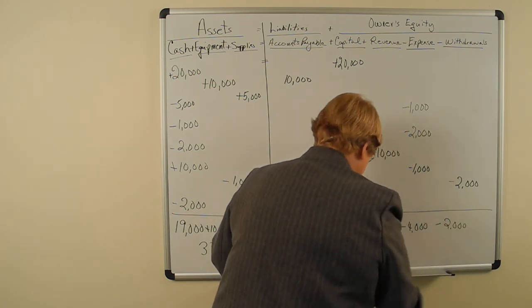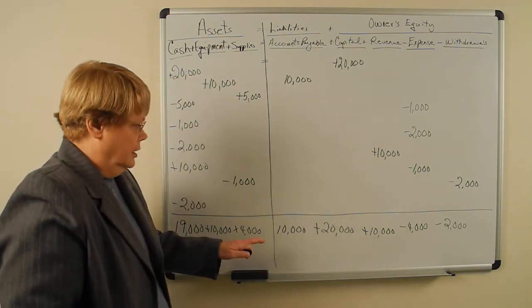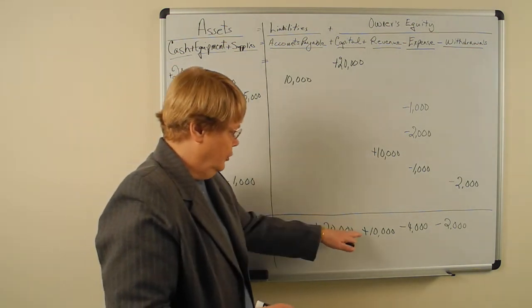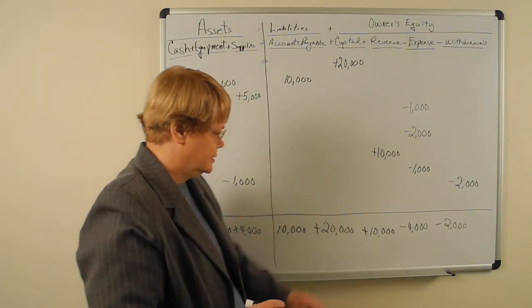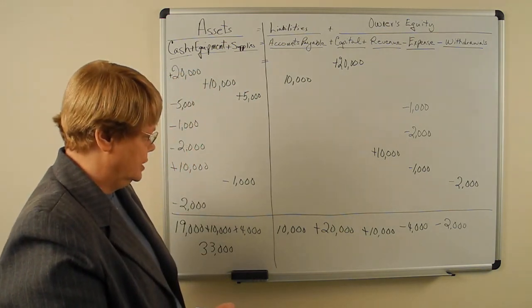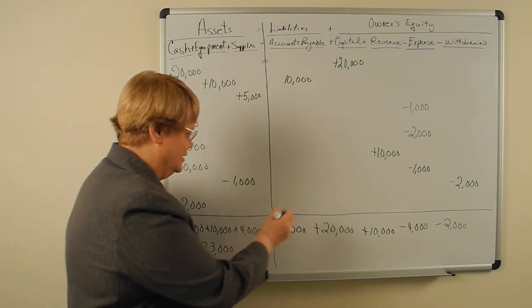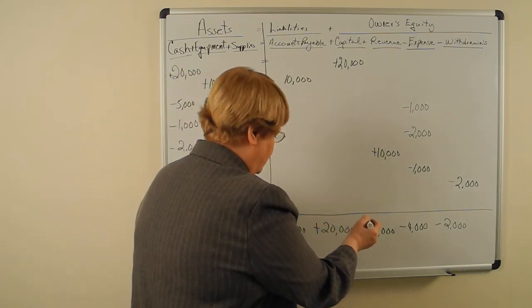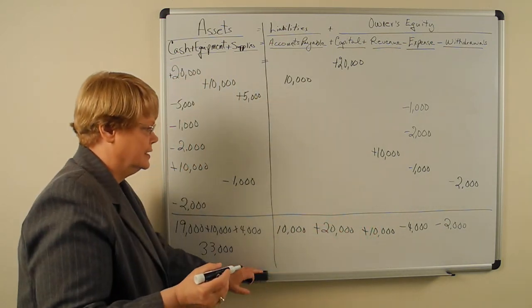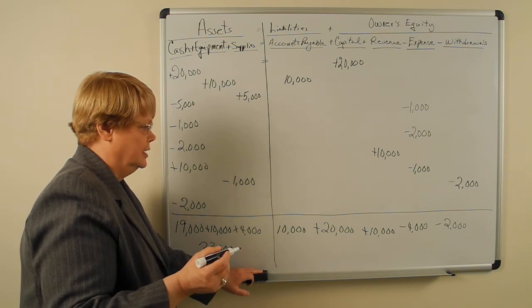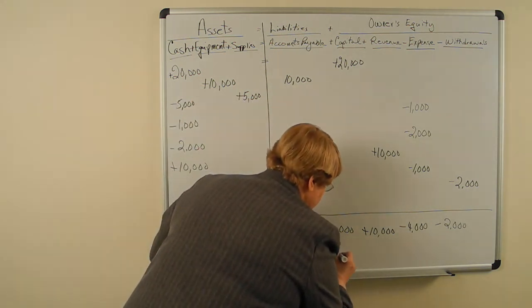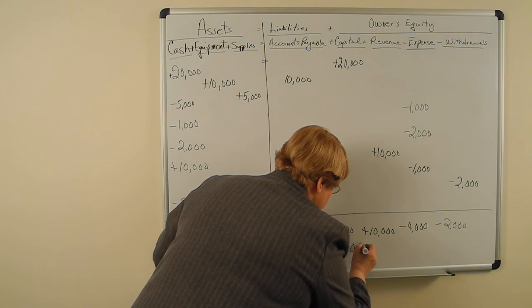Now let's see if that comes out to what it should. 10, 20, 30, 40 minus 6 is 34. I'm off. 10, 20, 30 thousand minus 4 is 36. Minus 2 is 34. So I've made a mistake probably on the other side.